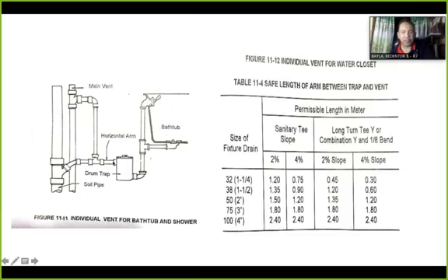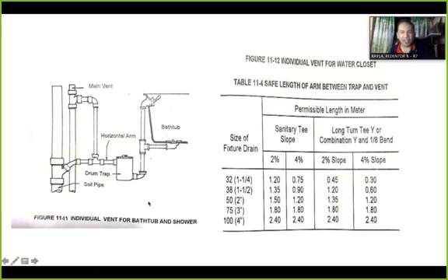So that should not be beyond 2.4; the maximum is 2.4. That is longer when you have a higher diameter. You have a longer arm, the length of arm.